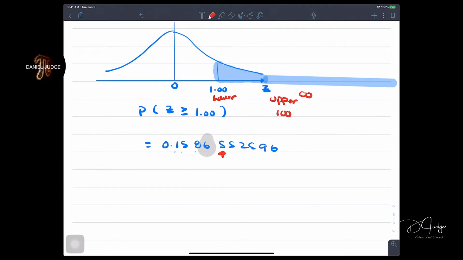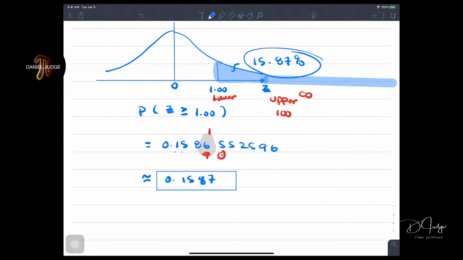It's a 5. If that digit to the right is a 5, 6, 7, 8, or 9, you add 1 to the digit in the place value you're approximating. So that's 0.1587. This is a probability, but as a percent, that's 15.87%. There's your answer.